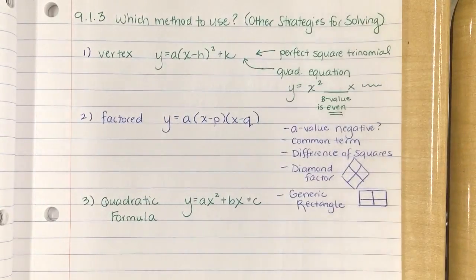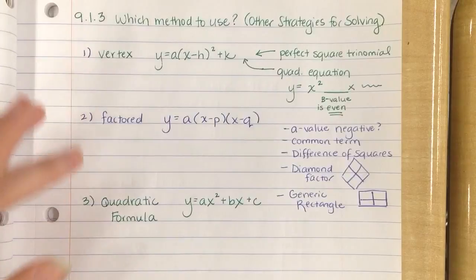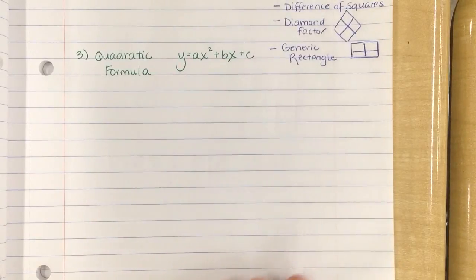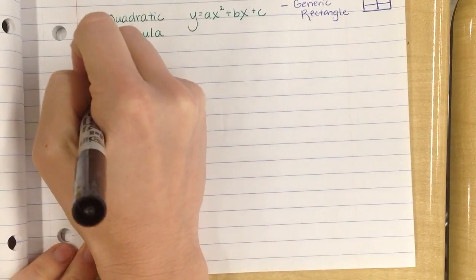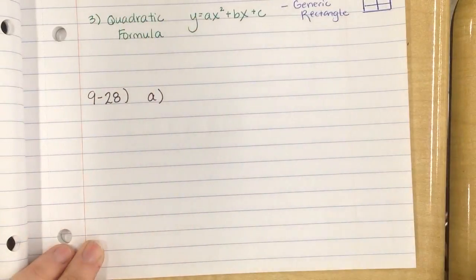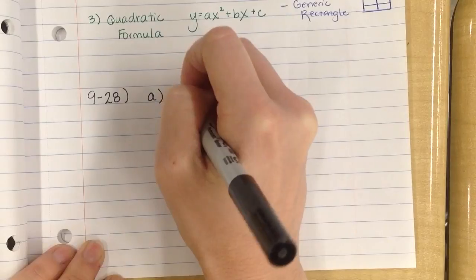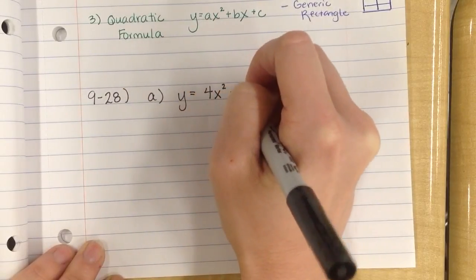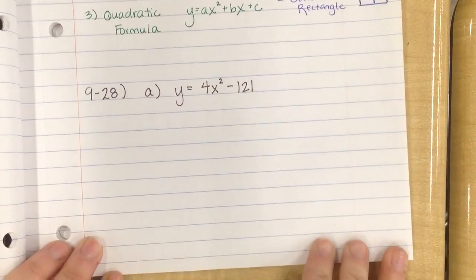So we're going to look at three different problems today, and we're going to talk about why we would choose to use each of these three different methods to solve these three different problems. Our first example problem is question 9-28, part A. We have the equation y equals 4x squared minus 121.